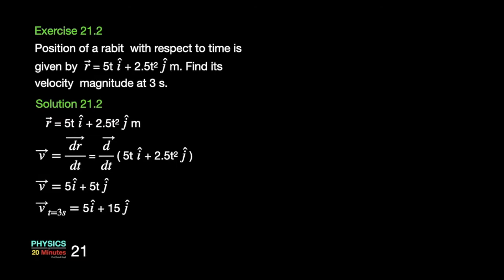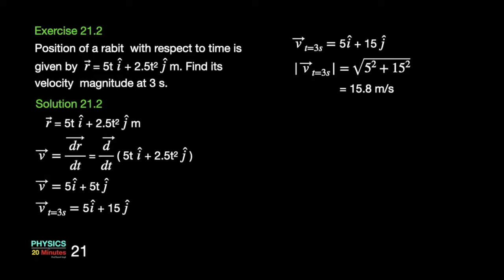You can substitute the value of t as 3 seconds. You get vector v at t equal to 3 seconds as 5 i cap plus 15 j cap. Therefore, the magnitude of the velocity is given by root of 5 square plus 15 square, which after solving will give you 15.8 meter per second.